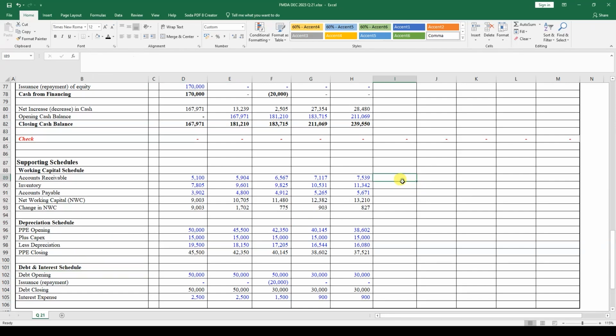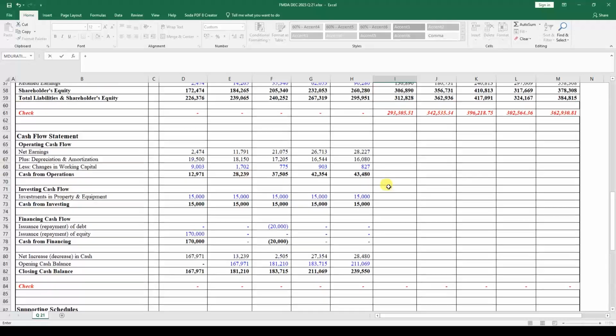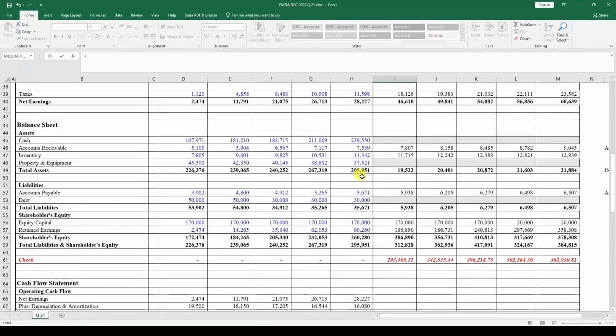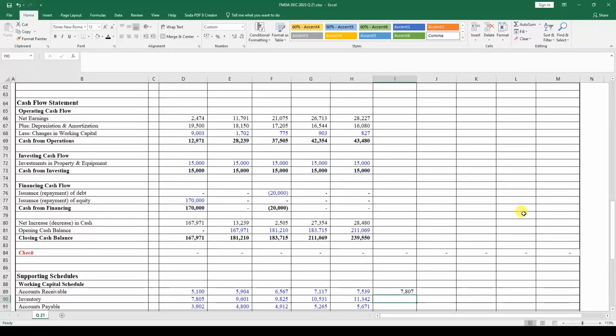So from here, the accounts receivable. You remember we had modeled it just above there in the balance sheet. So we just fill it out, link it with the accounts receivable here. And you can see the accounts receivable is here, so we link it right over there and we put enter.